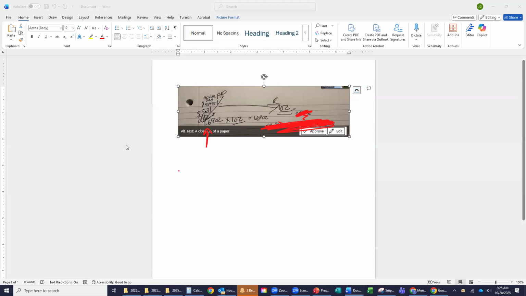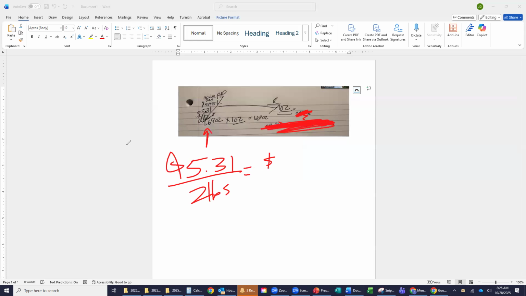Okay. So let me do that. If we do 531 divided by 2 pounds, then that's going to give us the cost of 1 pound. Okay. And then we have to divide by 16 ounces again to give us the cost per ounce.